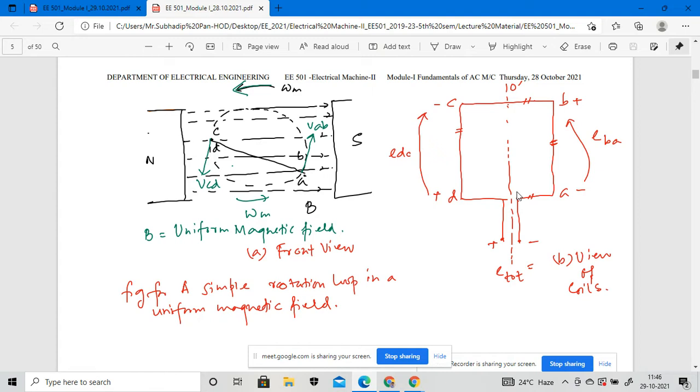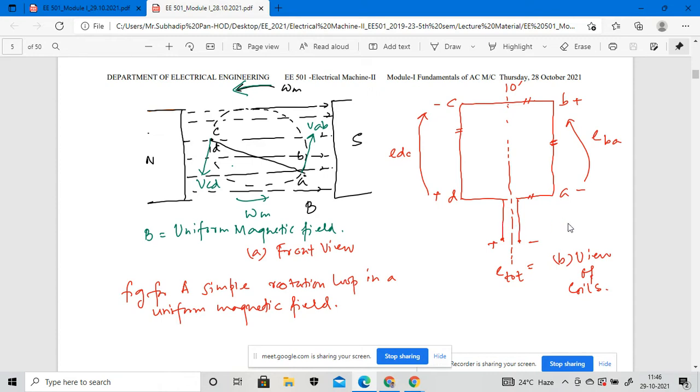The sides AB and CD are perpendicular to the plane of the page. The magnetic field is considered constant and uniform, pointing from left to right across the page.